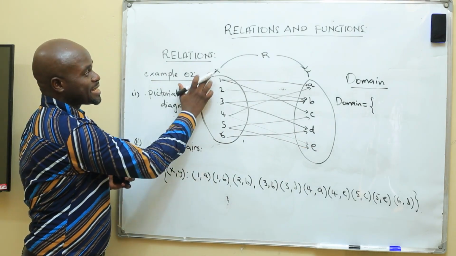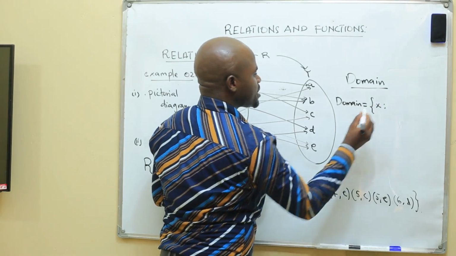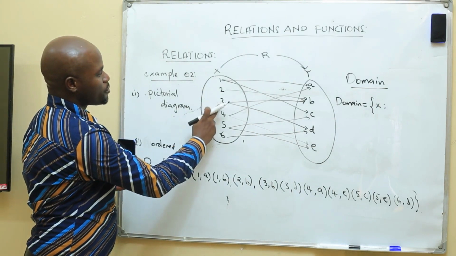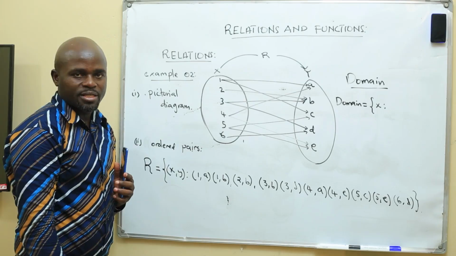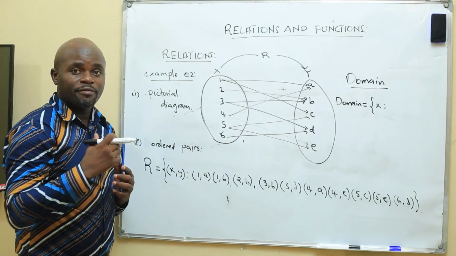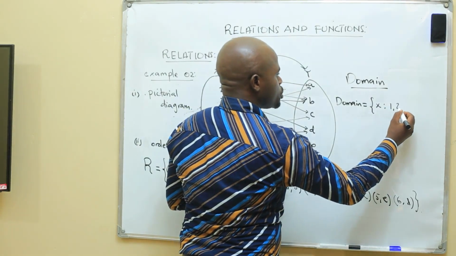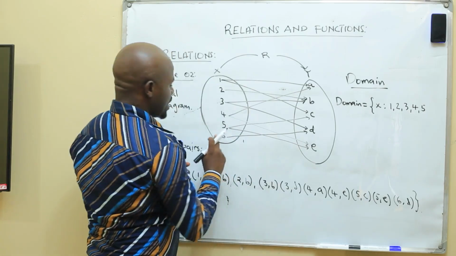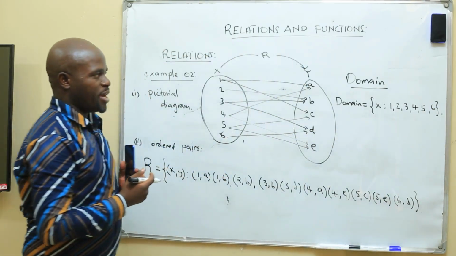The first set is X. So the domain is the values of X, such that according to our example, our elements are 1, 2, 3, 4, 5, and 6. These are the elements which make the set of the domain.